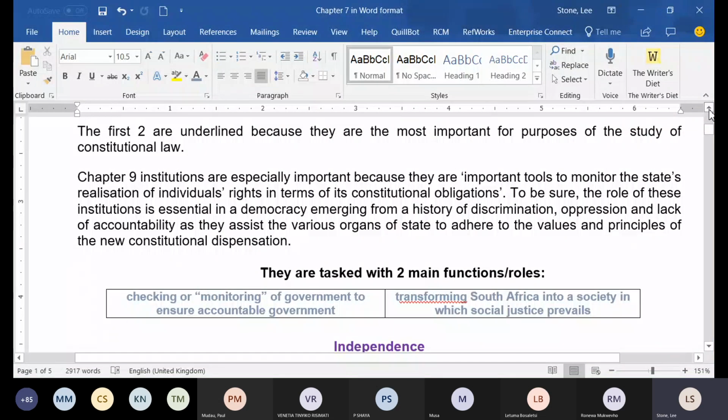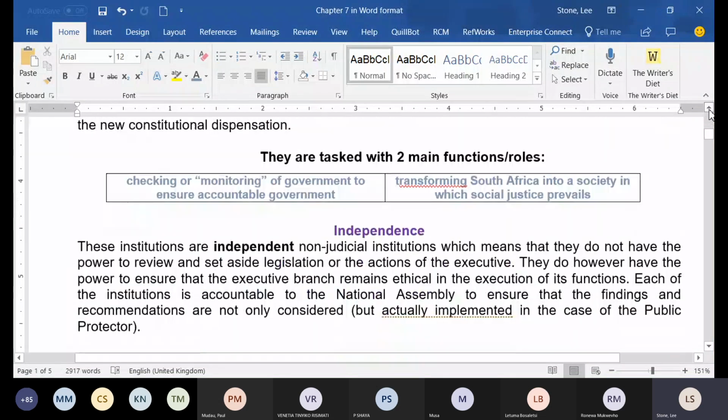So that's how we know that the public protector is actually a legitimate institution in terms of the Constitution, and that the money spent on appointing a public protector and making sure that the office of the public protector functions properly is not wasted, because there was so much controversy and confusion about whether the decisions of the public protector were binding and implementable.